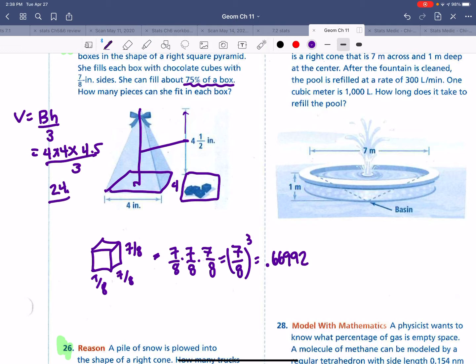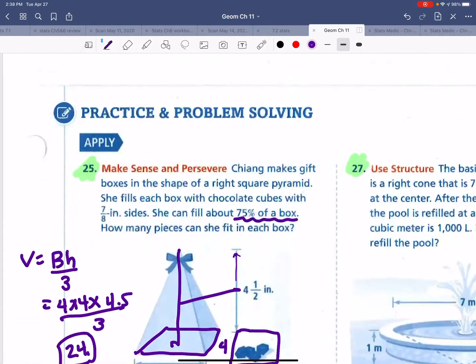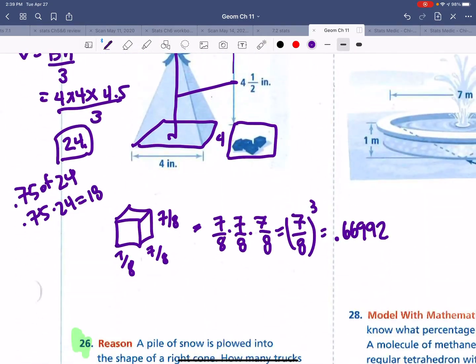Now we said, how do we compare the two? They want to fill 75% of the box. So 75% of 24, and of means multiply. 0.75 times 24 is 18. Okay, so how many of these will fit in this 18?